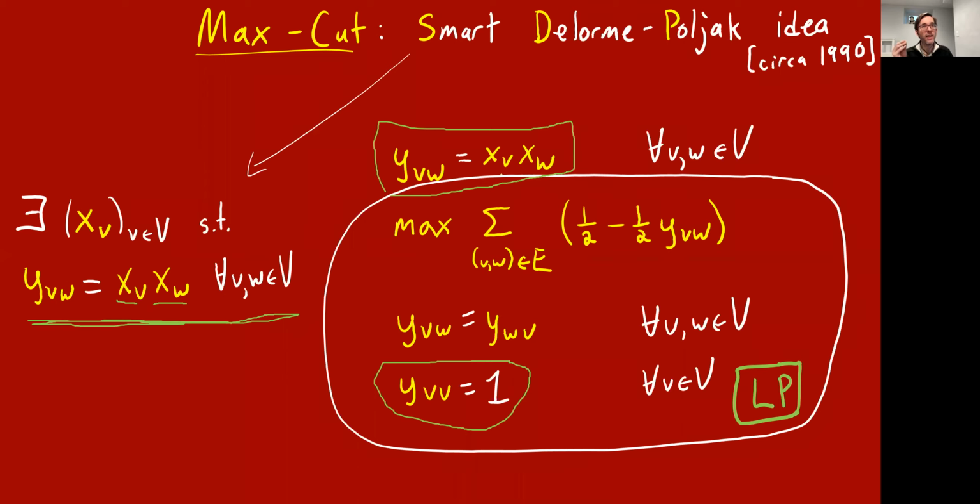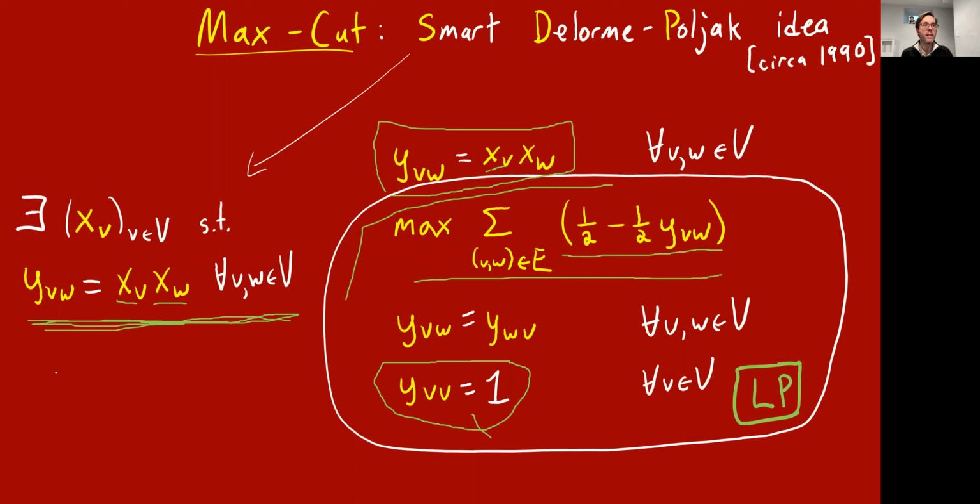So the x values can be thought of as a cut. Let's say all the plus 1 vertices are in the set S, and all the minus 1s are in the complement. Yvw is plus 1 if the edge vw is not cut, and it's minus 1 if it is cut. And then this expression is 1 if the set defined by x cuts the edge vw, and it's 0 otherwise. And so this sum represents the number of edges cut by the set indicated by x. So just as a reminder, this LP, together with this moment constraint, exactly captures max cut.